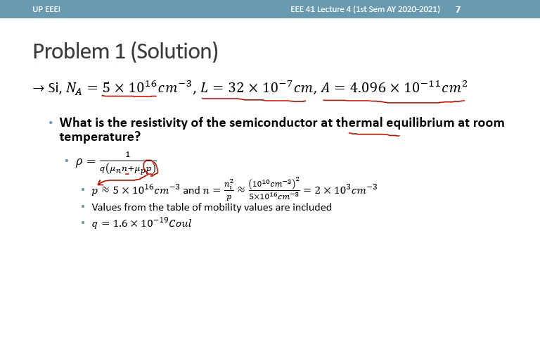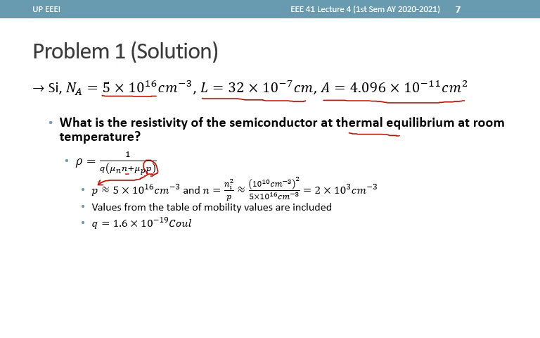So we can just proceed with p approximately equal to Na. Now for n, we can use the law of mass action and use 10 raised to 10 squared over Na, which is 5 times 10 raised to the 16, and get that n is 2 times 10 raised to 3.